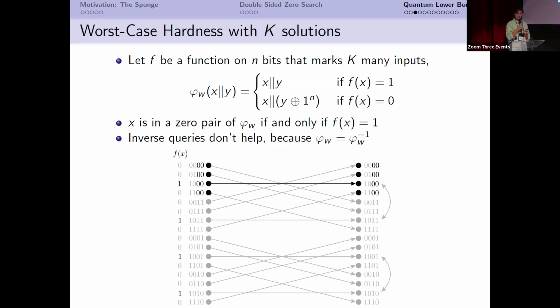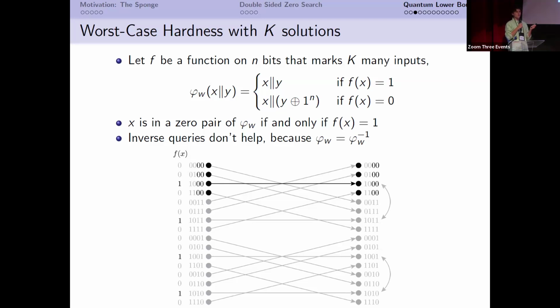But if the prefix is marked, then we do nothing to the last n bits. This ensures that any marked prefix will appear in exactly one zero pair, which is just the zero pair you get by padding it with zeros. And so we have a one-to-one correspondence between zero pairs in this permutation and marked elements of F.